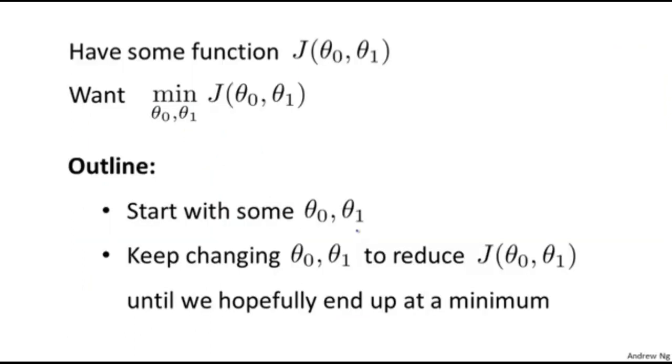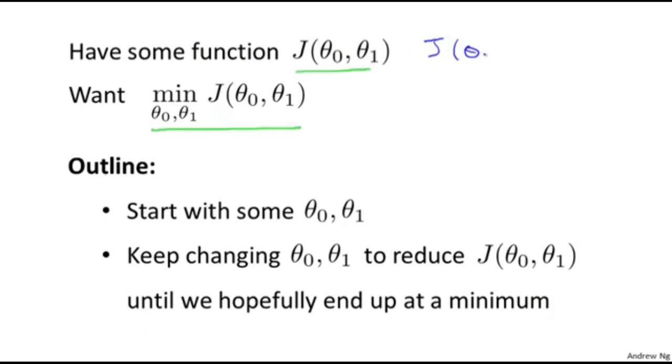So here's the problem setup. I'm going to assume that we have some function J of theta 0, theta 1. Maybe it's a cost function from linear regression, maybe it's some other function we want to minimize. And we want to come up with an algorithm for minimizing J of theta 0, theta 1. Just as an aside, it turns out that gradient descent actually applies to more general functions.